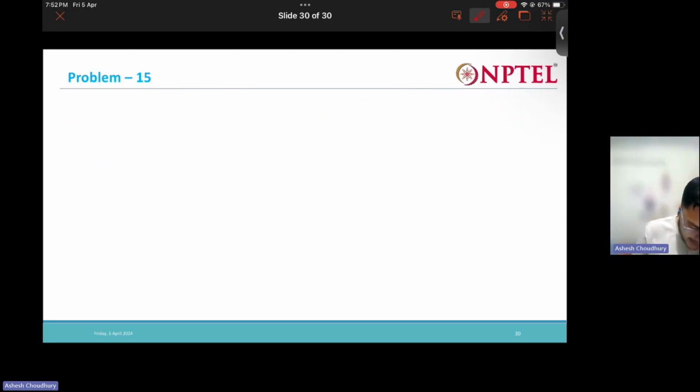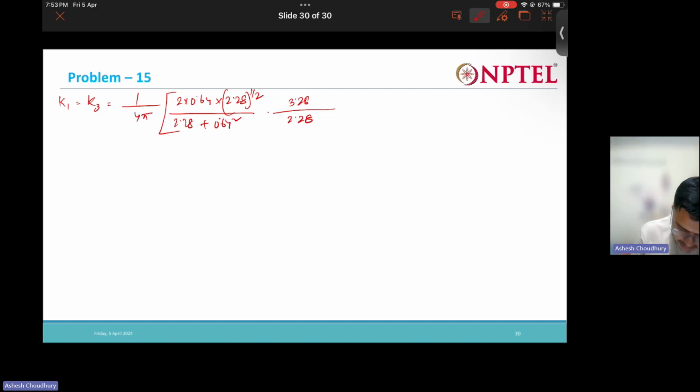Now finally k1 is equal to k3 is equal to 1 by 4 pi, put all the things in: 2 into 0.64 into 2.28 by n square plus n square plus 1, 2.28 by 0.64 square into 3.28 by 2.28 plus 0.8.